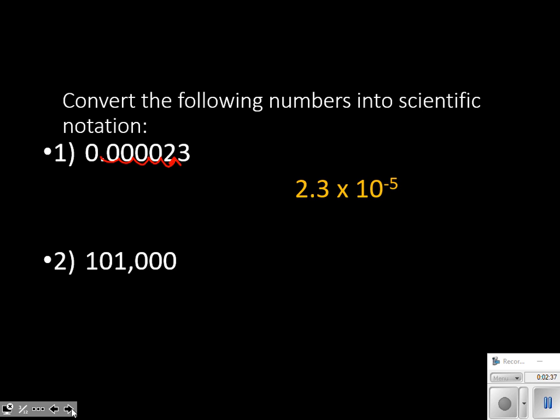My second example, 101,000. I need to put that number into scientific notation. Now, first of all, my decimal isn't here, is it? Why would I not have a decimal here?